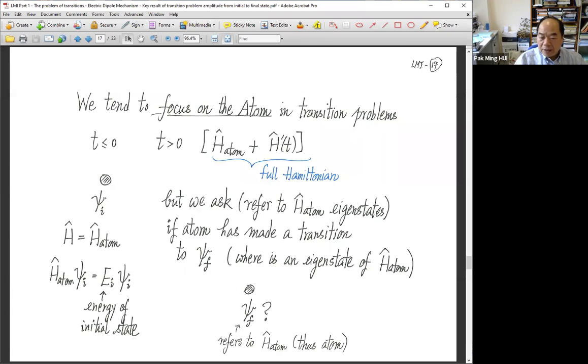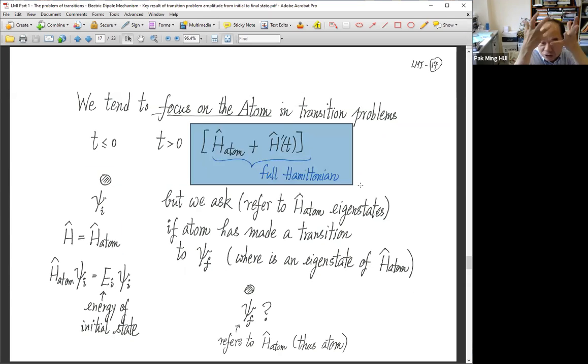So pictorially, the question is such. Initially, the atom is in the initial state, that is referring to the atom eigenstate. Then this thing comes in. The full Hamiltonian becomes the atom part plus something else, the interaction.